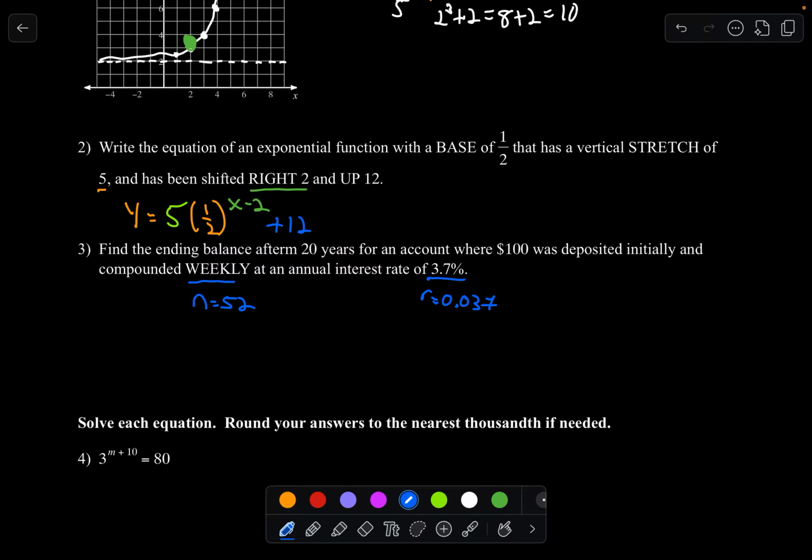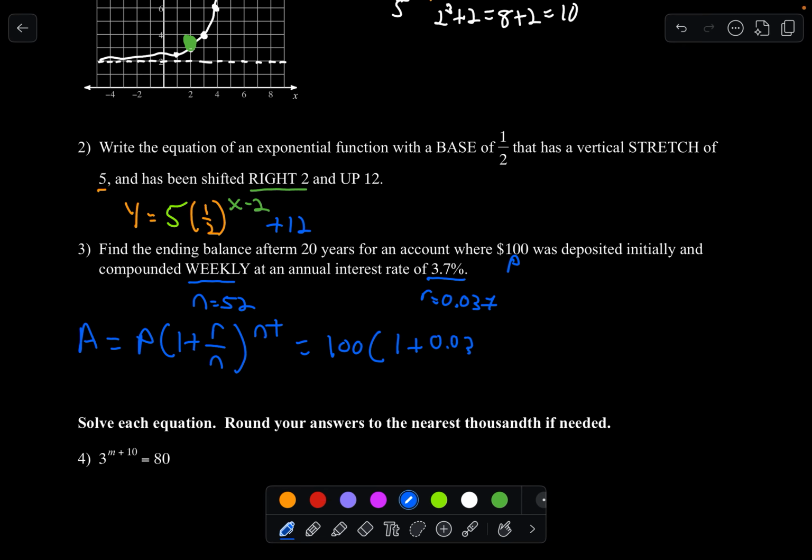So our equation is going to be the amount in the account equals the principal, which is the initial investment, times 1 plus R over N raised to the N-T power. So plugging in our numbers, we get P is 100, R is 0.037.